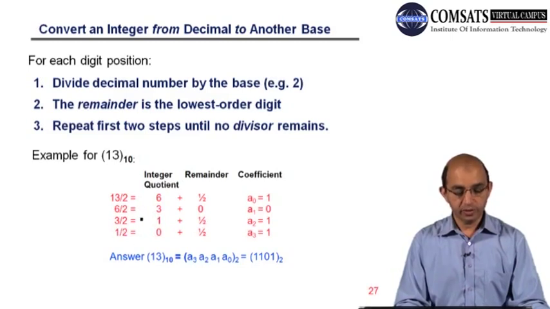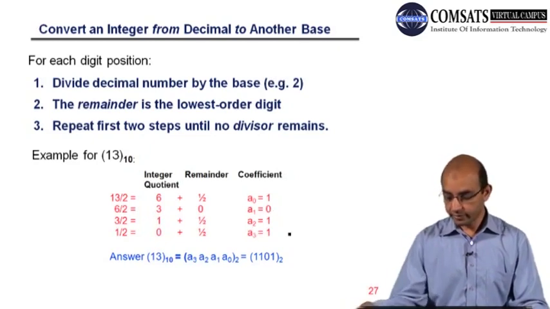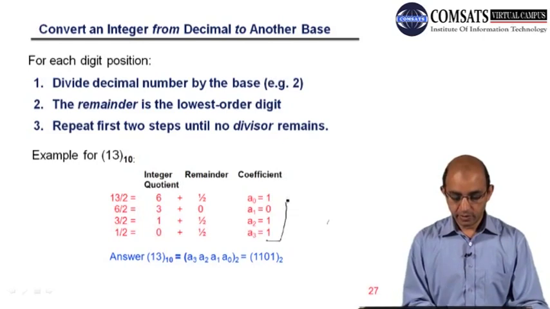So 1 is not divisible by 2, so we have a 0 here and this is the remainder. You can see that here we have 1, 1, 0 and 1, and we will read it like this.